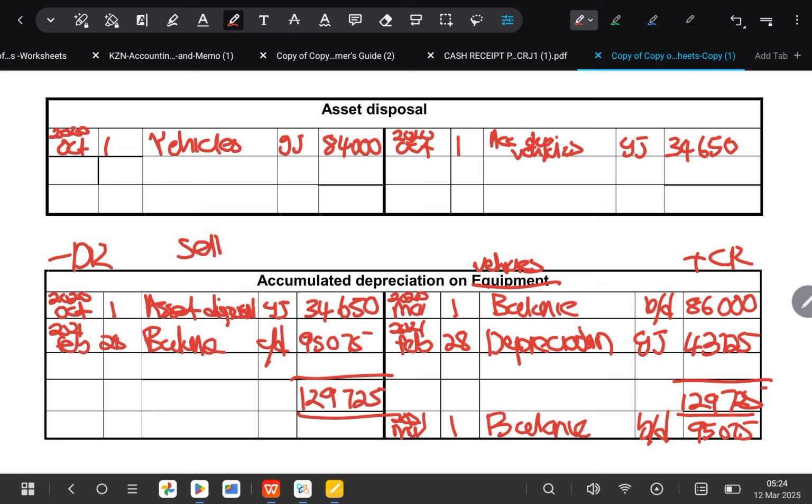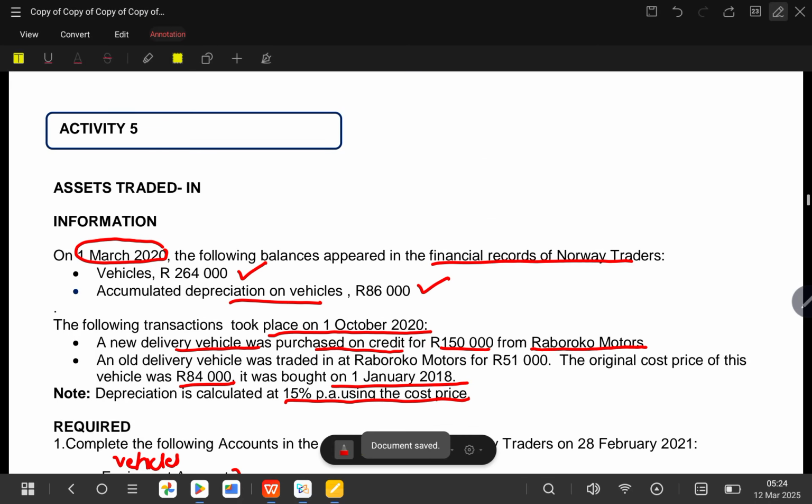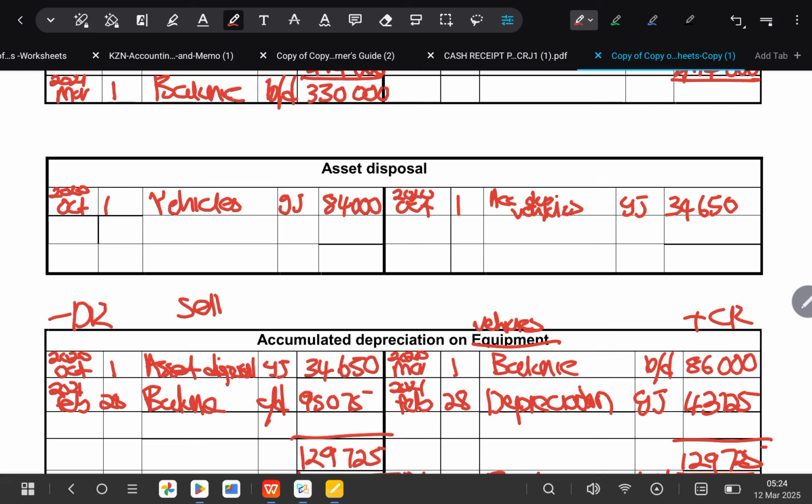So we need to go back to our asset disposal and check how was that asset sold. Okay, so according to our information, they said it was traded in. When they trade in, the contra account that we are going to use is creditors control. So remember, the general entry will be that you debit.